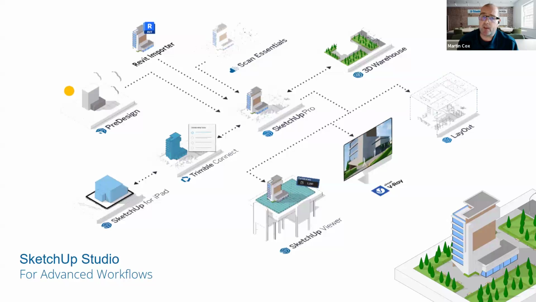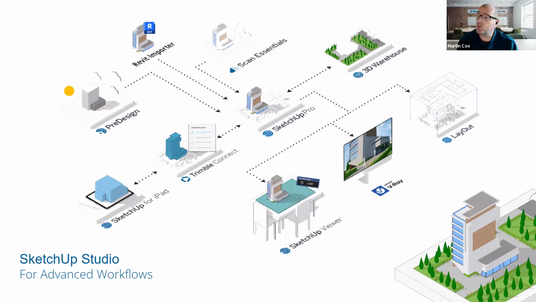But on top of that, with SketchUp Studio, we get more end-to-end tools that really allow us to quickly and efficiently create the work that we're looking for. We're going to show you how some people use these tools, with a little more of a deep dive into them.